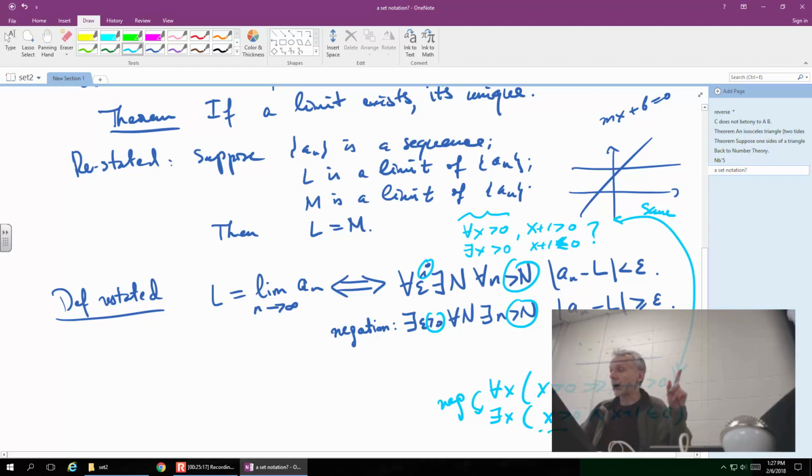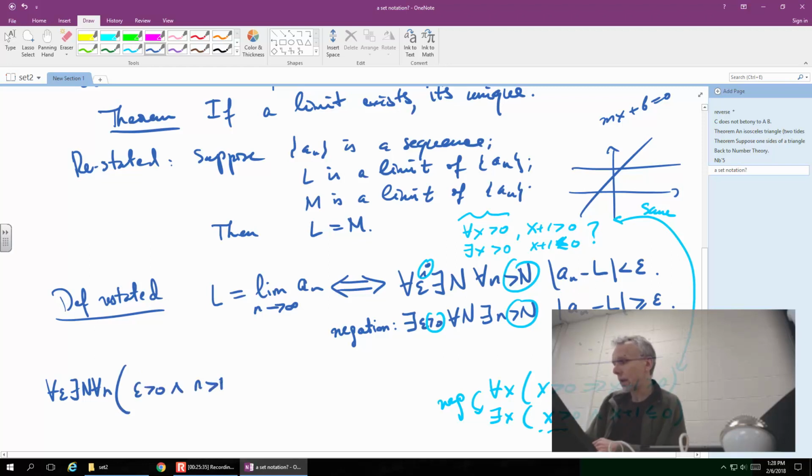Imagine if I applied this idea to the definition right here: I would have for every epsilon there is an N, for any n, and then epsilon greater than 0 and n larger than N implies that a_n minus L is less than epsilon. That would be the same statement, more cumbersome.